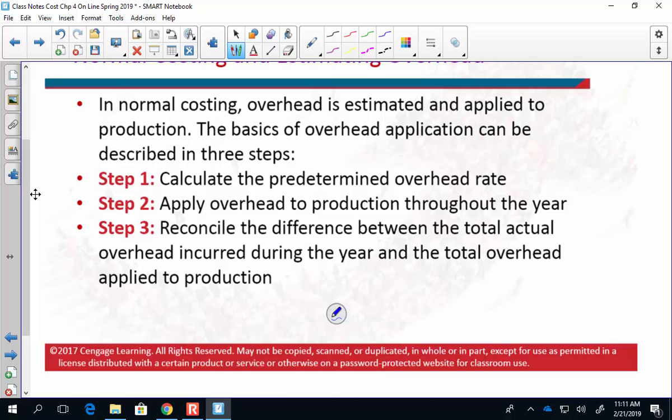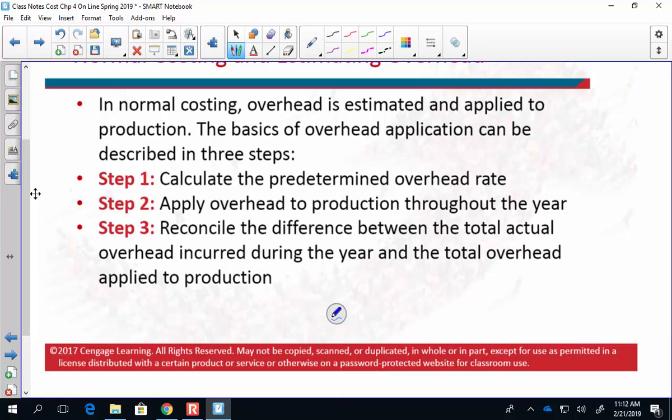Step 2 then is to apply it to our job, and we're going to be using job order costing in chapter 4. But remember, we're going to use this application of overhead in process costing and standard costing. They're all similar in nature.